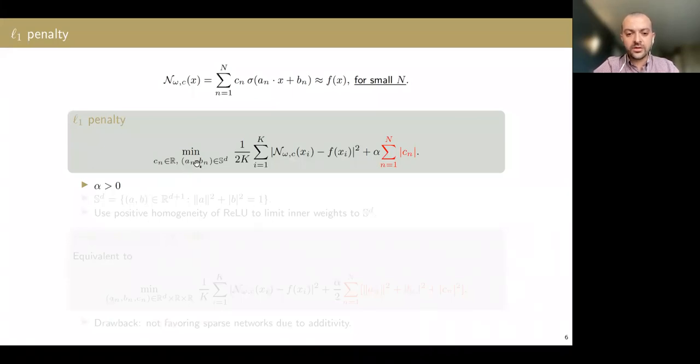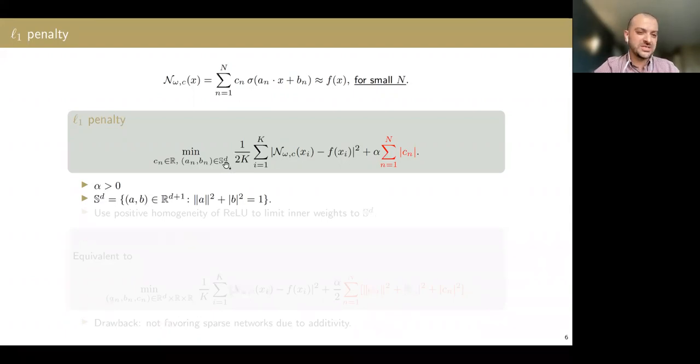And I want to point out here, in general, we don't really impose a condition on a and b, they are any numbers. But due to the fact that the ReLU function in the neural network is positively homogeneous, you really want to impose the condition that a_n and b_n be on the sphere.